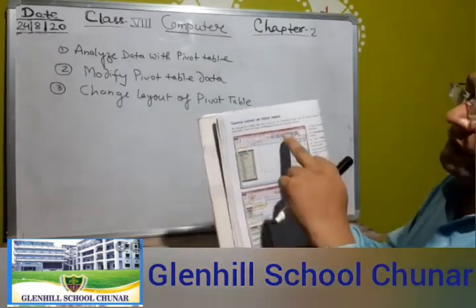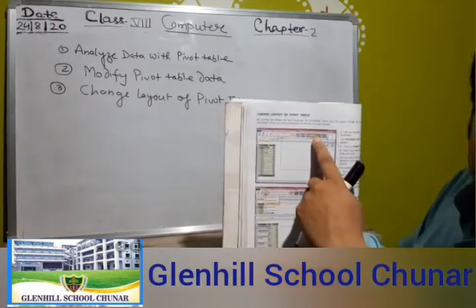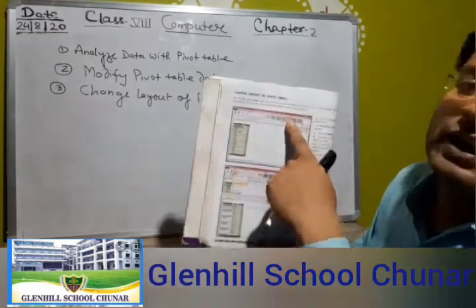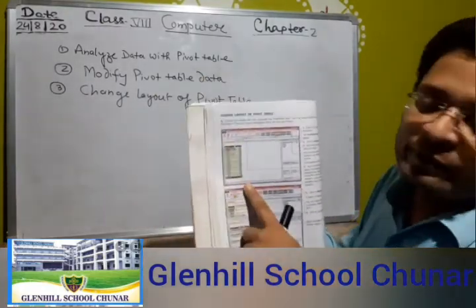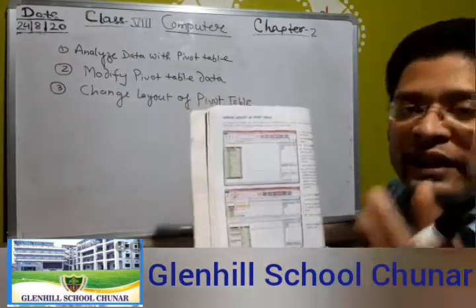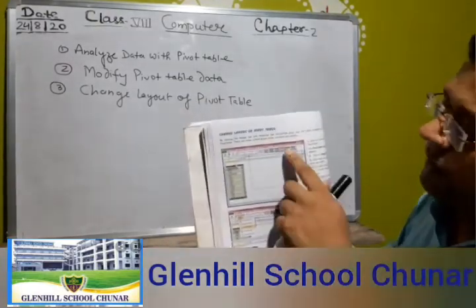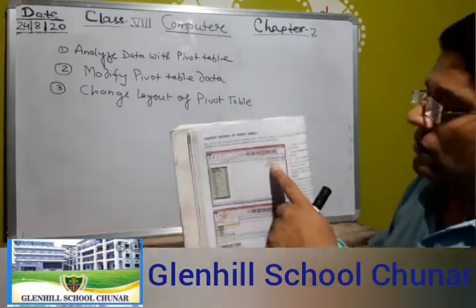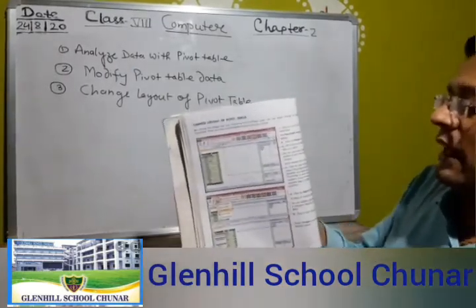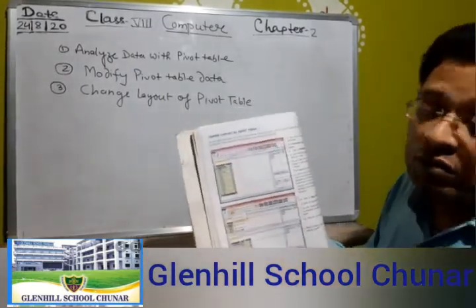Click on the Design tab. If you want the green one, click the green one and your total cells will appear in green in this format. Click here and select the style you want.